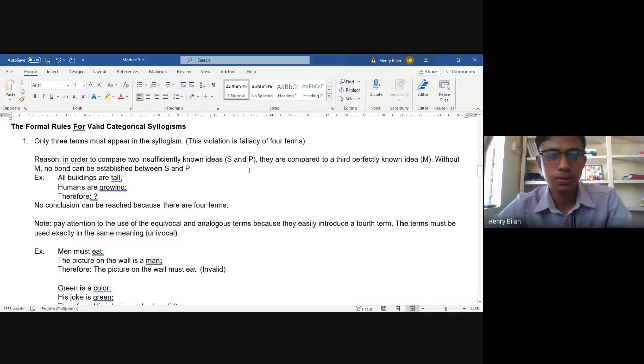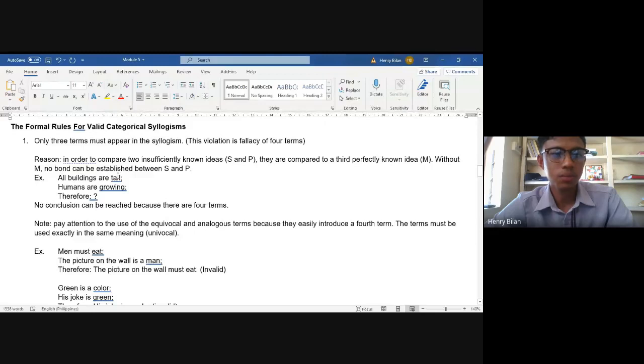So let us review. So first rule is only 3 terms must appear in the syllogism. So it is telling us that a valid syllogism must have 3 terms. Tatlo at tatlo lamang. Hindi pwedeng dalawa, hindi pwedeng higit sa tatlo. It cannot be less than 3, cannot be more than 3.